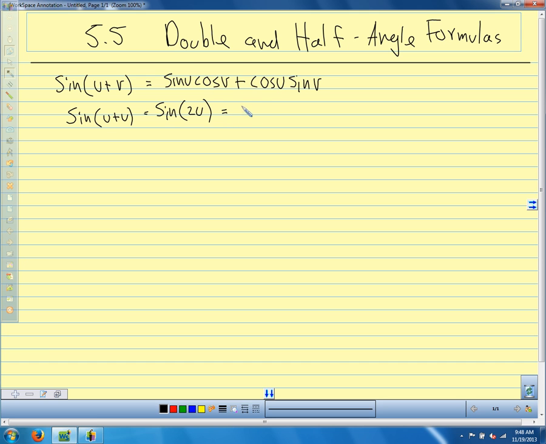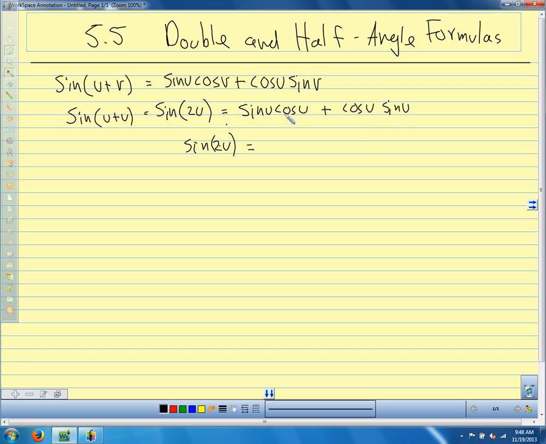and I'm going to write out my sum formula with a u in each place. So I get sine u cosine u plus cosine u sine u. So I get sine of 2u equals, and how can I rewrite this?